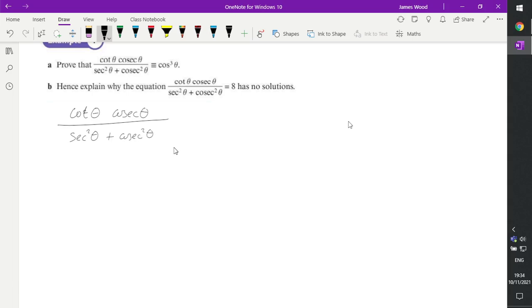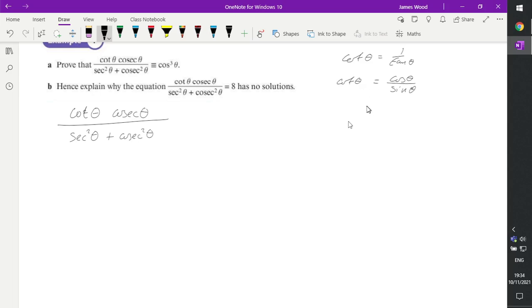Okay. I'm just going to use some of the definitions that I've already got for these. Now cot theta, that's obviously 1 over tan theta. And we also know that tan theta is sine over cos. So 1 over sine over cos is going to be cos over sine. That's sometimes quite a useful identity to use.